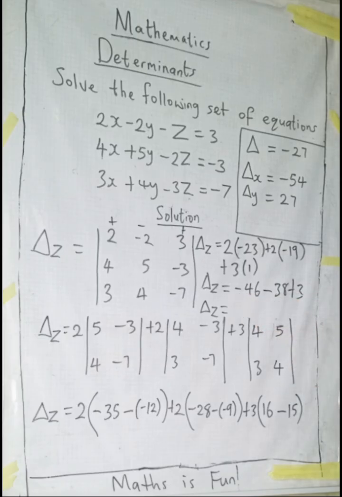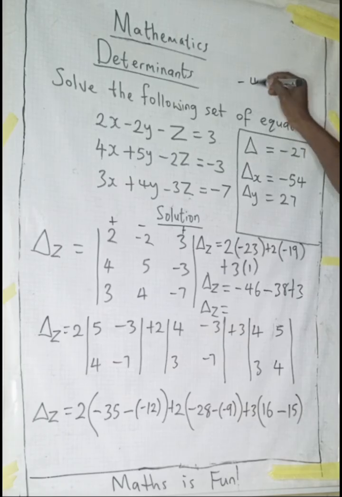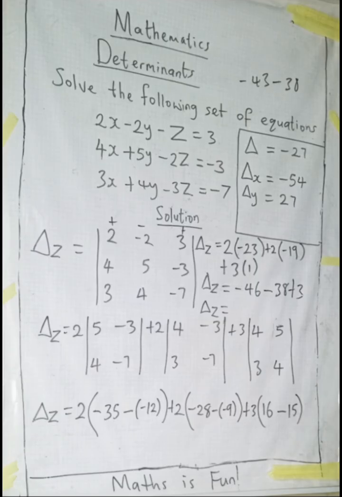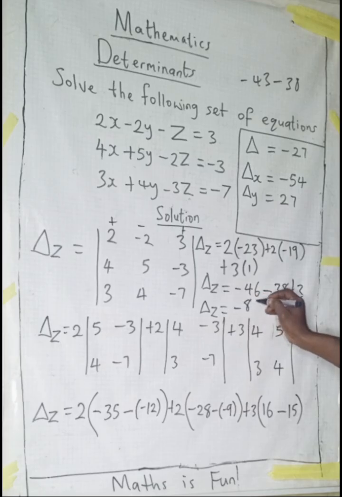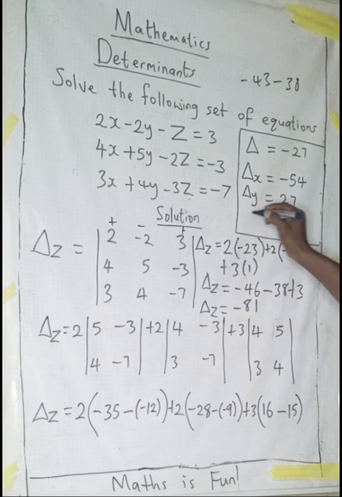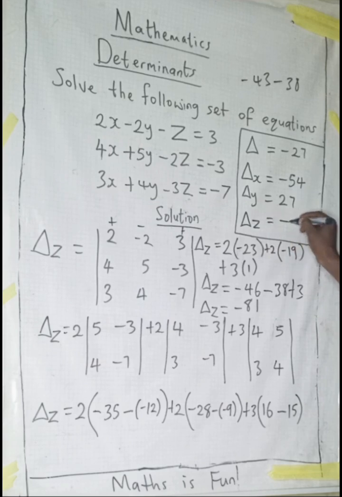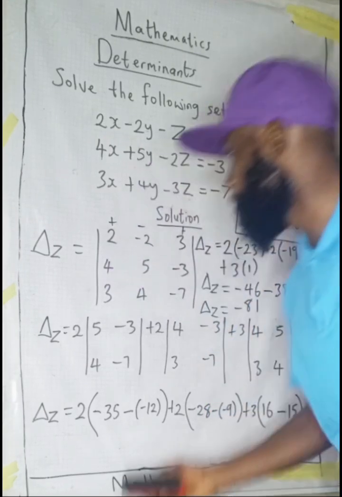So we're having minus 43, minus 38, right? So that will give us minus 81. So change in z is what? Minus 81.